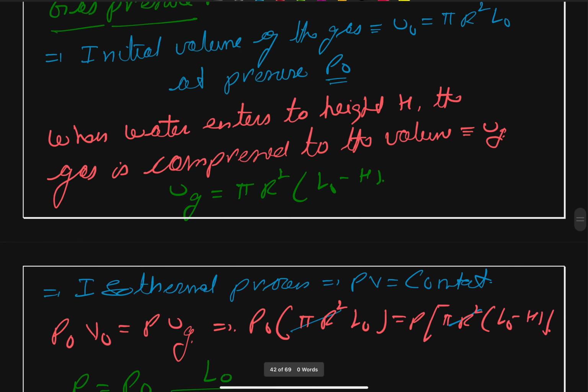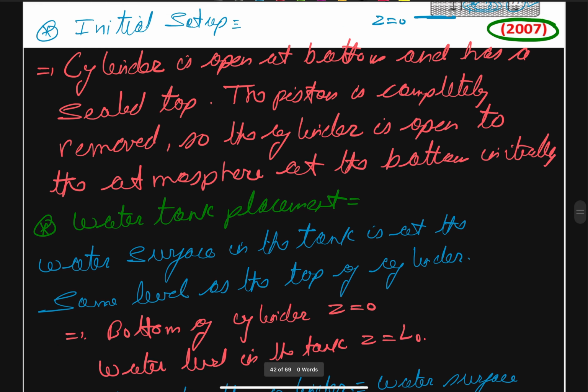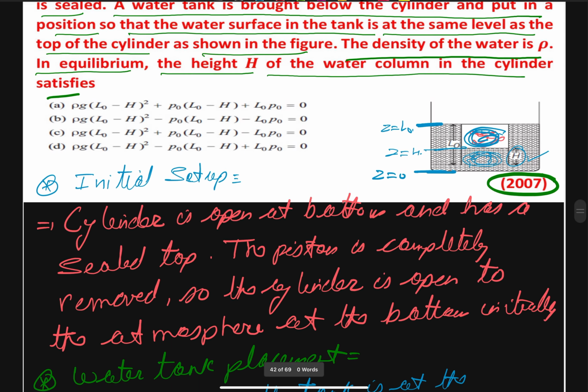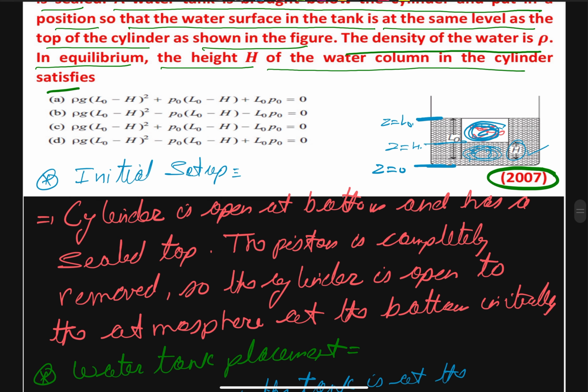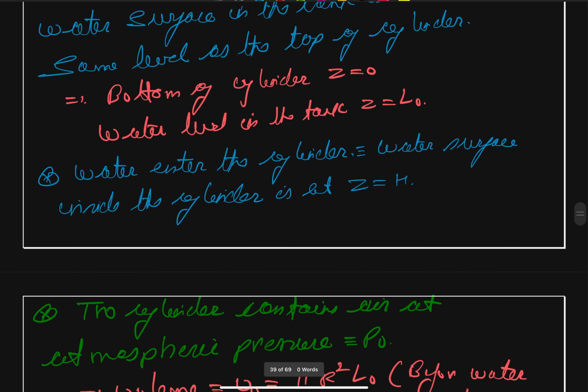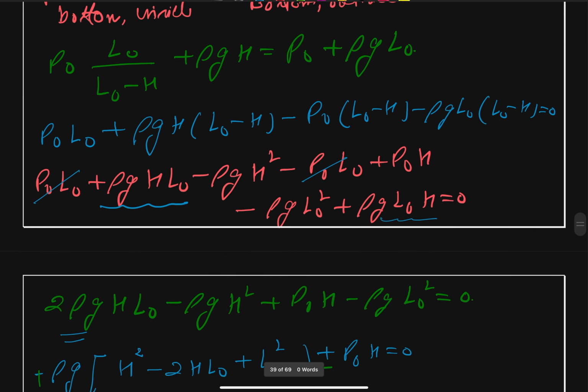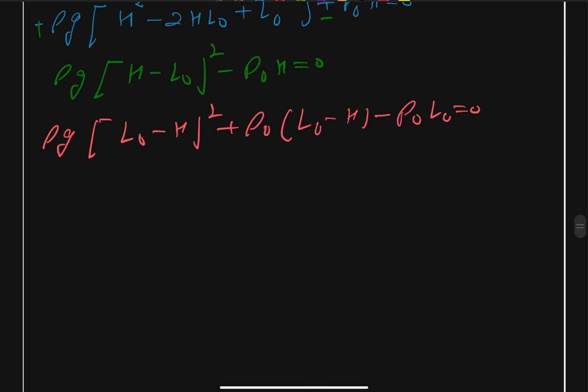So our L naught minus H, and we have our P naught. Option C is correct. C is correct. Next question.